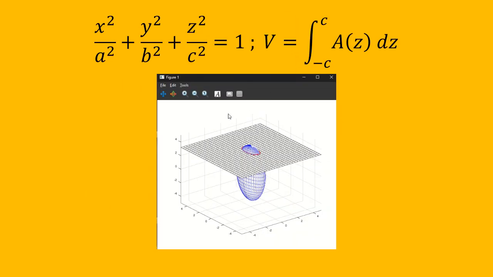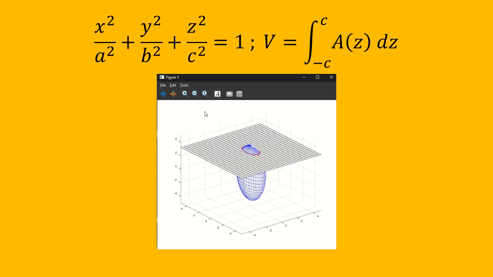So here's the situation that we're going to be looking at. We want to find the volume of the ellipsoid x squared over a squared plus y squared over b squared plus z squared over c squared equals 1. The intersection of that with the plane is shown here, a horizontal plane at a particular value of z.